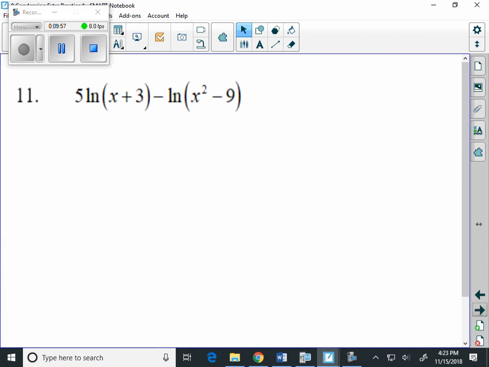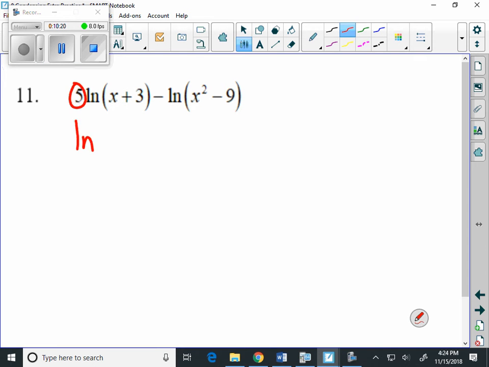Problem number 11. We have natural logarithms in here, but natural logarithms and common logarithms, the properties still apply, regardless of which one we have. So the first thing that we notice on this particular problem is that we have this 5 out here in front.